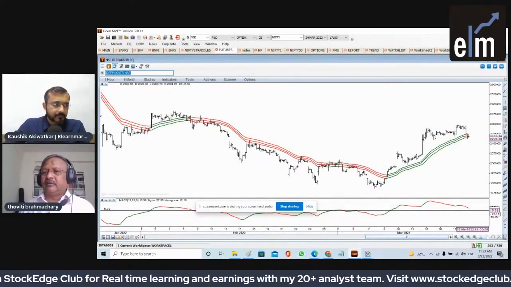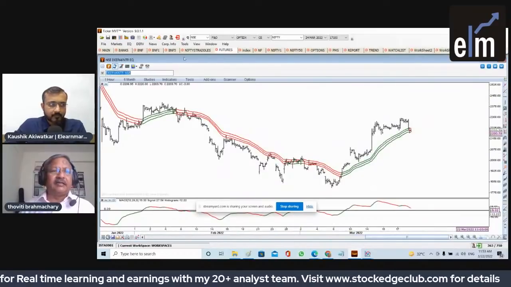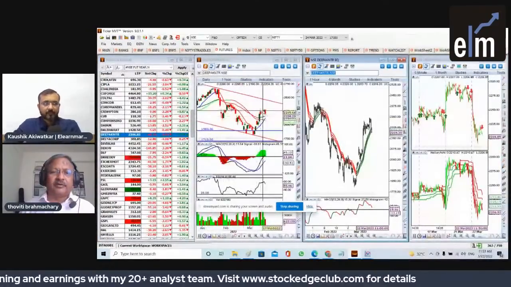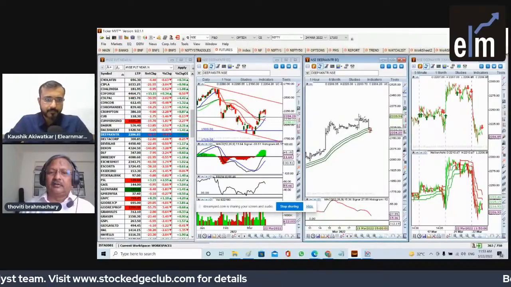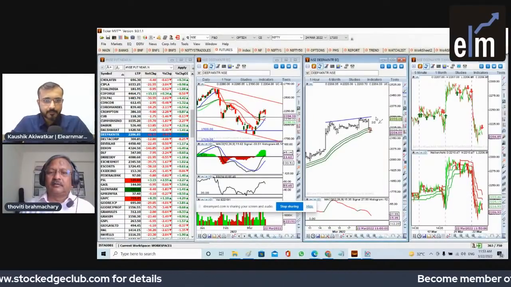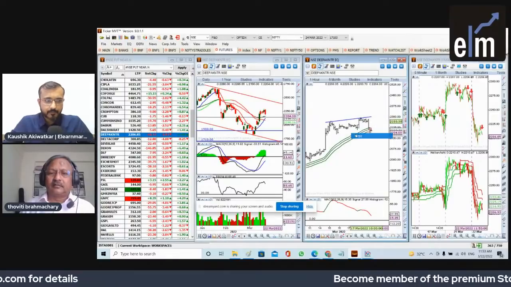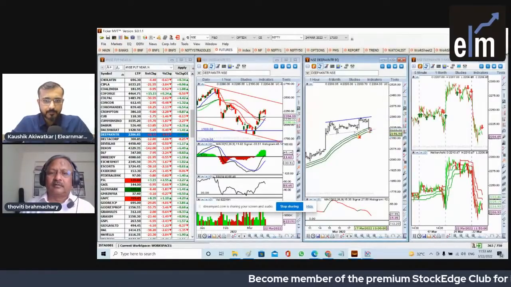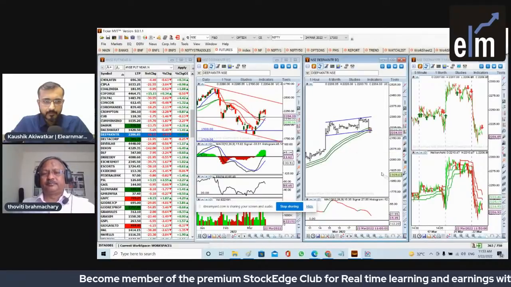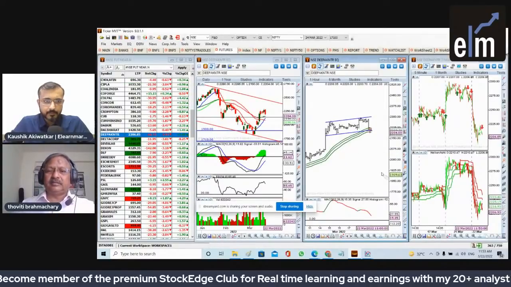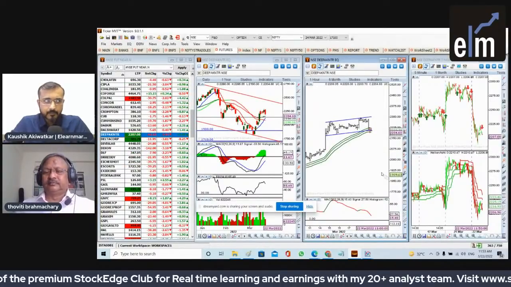Moreover, look, the price action in the daily chart hasn't given any clues for you. Suppose, for example, here the breakdown happened. That's an entry point for you.